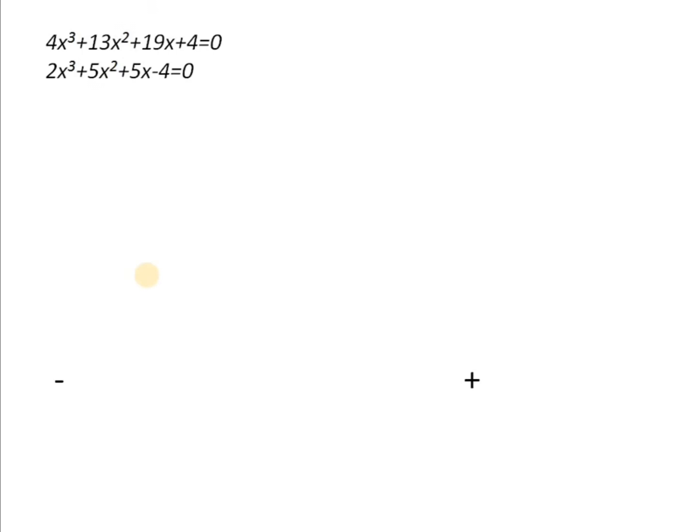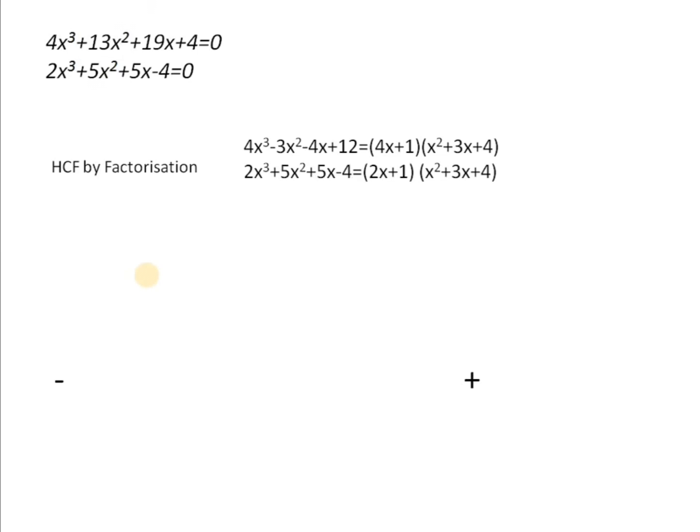So if someone is really good at doing factorization through either Vedic mathematics or the other way, they can always do it through factorization. So when we do factorization, we get factors as 4x plus 1 into x square plus 3x plus 4. And also 2x cubed plus 5x square plus 5x minus 4 gives us factors 2x plus 1 into x square plus 3x plus 4.